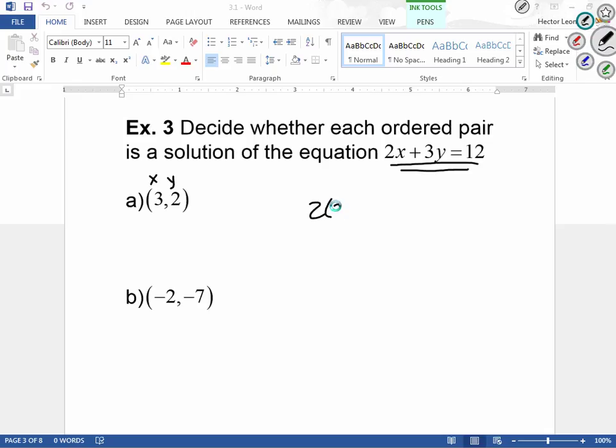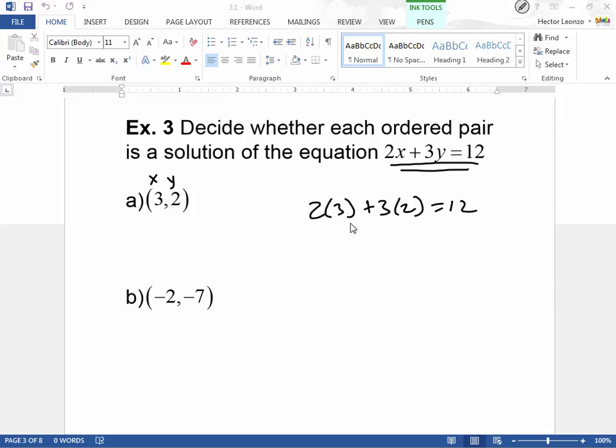Remember, all I'm doing is replacing the variables with the values given. So instead of x, I'm going to write 3, and instead of y, I'm going to write 2. So once again, 2 times 3 plus 3 times 2 is equal to 12. Notice I copy my same statement, 2x plus 3y equals 12, it's just that I replace the values of x and y.